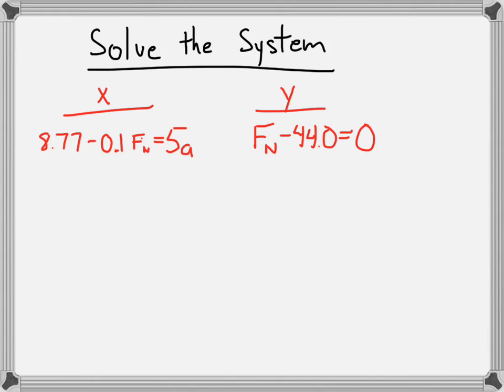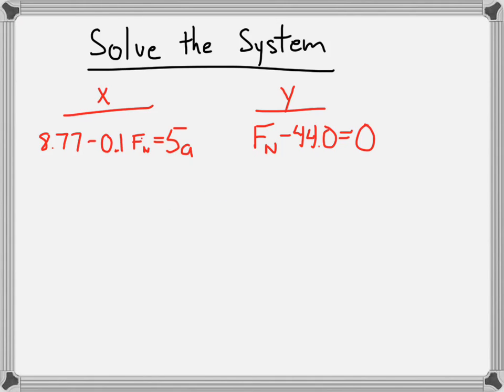There are two ways that you can solve systems of equations. You can solve them by elimination or by substitution. And it turns out that I noticed this equation has two variables. This equation only has one variable. So the best method for me to use, the quickest method, is substitution in this case, because I can solve for this normal force and then plug it into this equation, and that will give me acceleration.